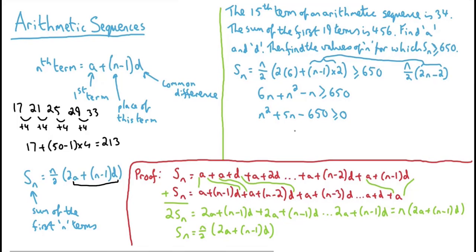Now, this is a quadratic equation. You have some letter squared plus an amount of that same letter plus or minus a number compared to 0. If we're solving a quadratic, we can either break it down into 2 brackets or use the quadratic formula. In this case, because we don't know if it's going to go nicely, I mean, if we don't know the factors of 650, assuming it works anyway, let's just use the quadratic formula.